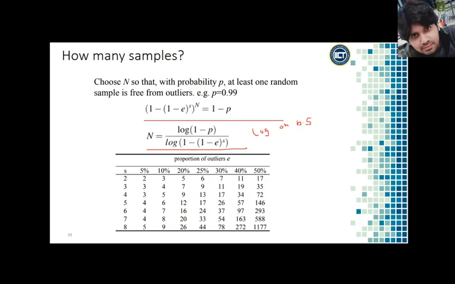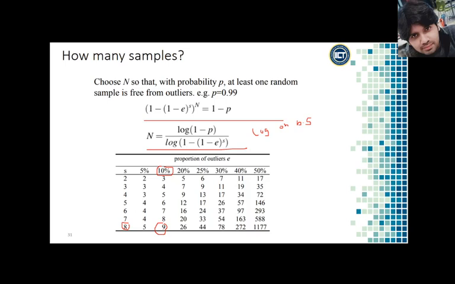So if we had 10% outliers and we have to choose 8 points from the sample to fit our model, we need at least 9 sample sets, or 9 iterations in this case, to be sure with 99% probability that we wouldn't have any outliers.